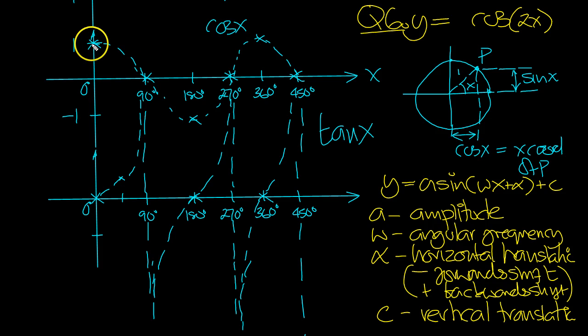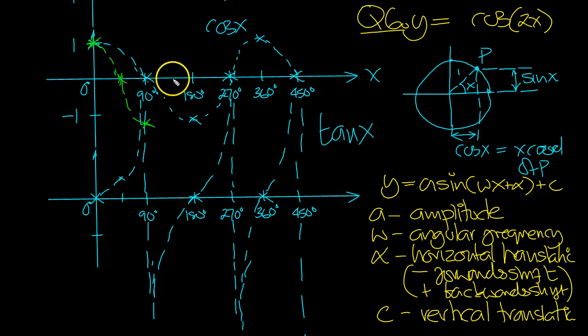It'll take 45 to get to 0, wouldn't it? 2 45s are 90, cos 90 is 0. So can you see, instead of going down and taking 90, it's going to go down and take 45. Every 45 is going to go from 1 to 0, or 0 to minus 1.